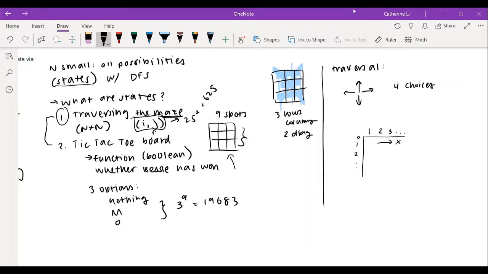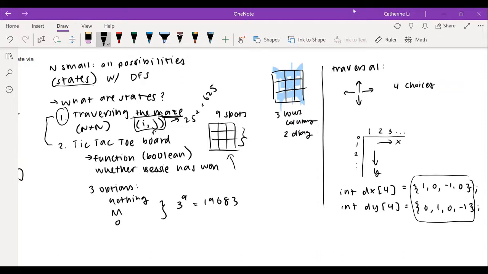If you let this be the x and this be the y direction, we have 2 different arrays of size 4 that are differences in x and differences in y that we're going to take. The values of these are usually going to be the same for any problem that you encounter, because they represent going in these 4 directions.